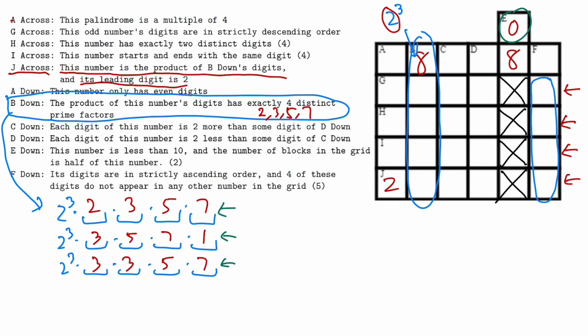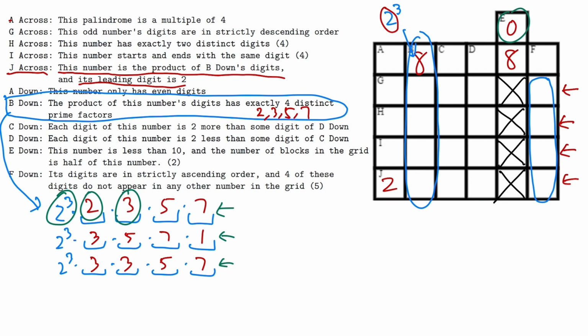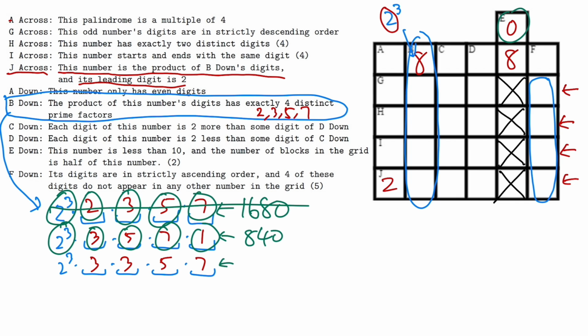So let's just go ahead and multiply it and see what happens. 8, 2, 3, 5, and 7. If you work that out, you will get 1680, which does not start with 2. So this right here is out of consideration. And then similarly, 8 times 3 times 5 times 7 times 1, you will get only 840. So also out.